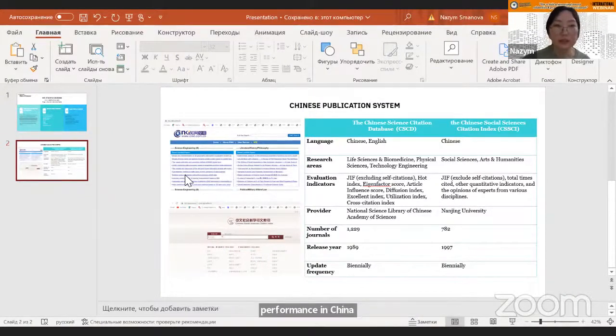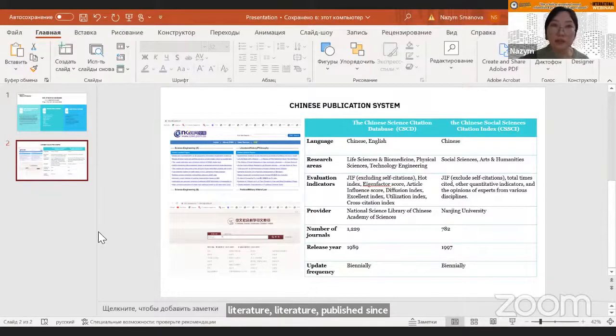Also, I would like to show you CNKI. This database is the largest comprehensive database in China, and it contains literature published since 1915 from over 7,000 academic journals.